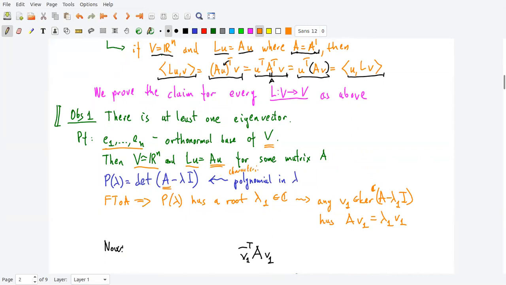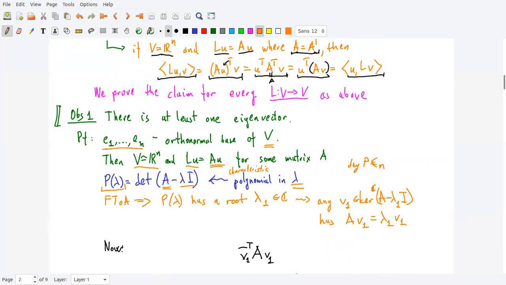That's the standard idea. I simply take this matrix A and subtract lambda times the identity matrix. This is a polynomial in lambda, P of lambda. The degree of the characteristic polynomial is n, the dimension of the space.